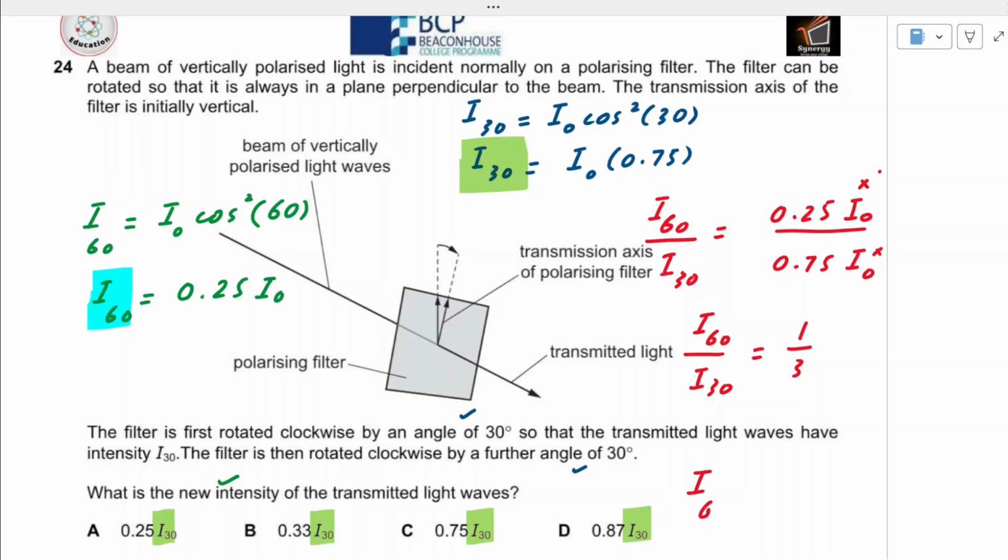Now the final transmitted intensity equals 1 over 3 times I30, which is 0.33 times I30. So the final new intensity is 0.33 times I30. If the question were what is the final intensity in terms of the original intensity, that would have been 0.25 times the original.